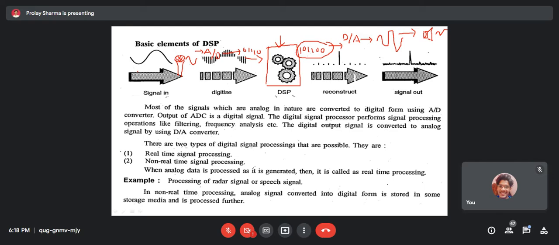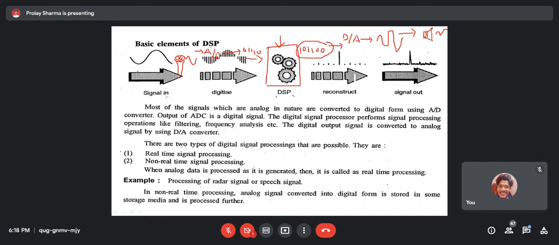So a question may arise in our mind: every time an analog signal is there, it is converted to digital and again converted back to analog. So why do we do the analog to digital conversion process and again the digital to analog conversion process?